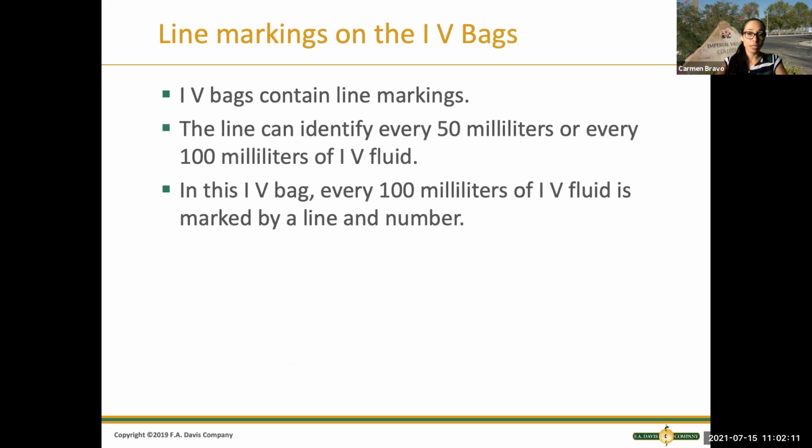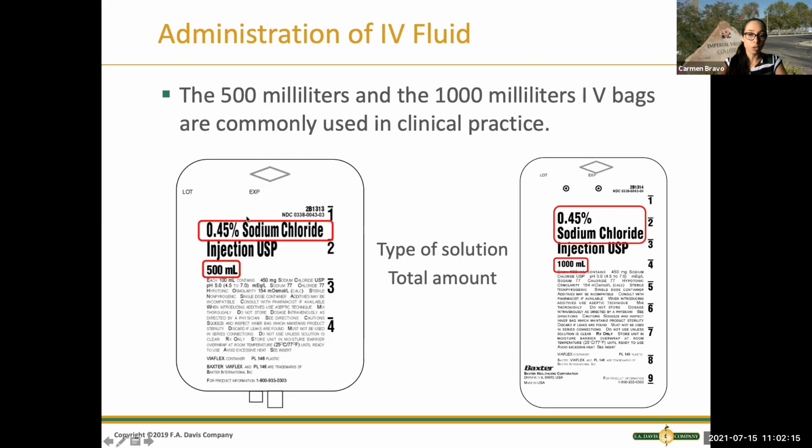The line markings, this is just briefly telling you about the markings. You will see that there are some bags that are marked in hundreds, so you will see that it's actually going down backwards. You start off with 1000 and then 900 and then 800, 700 until it's rounded out.